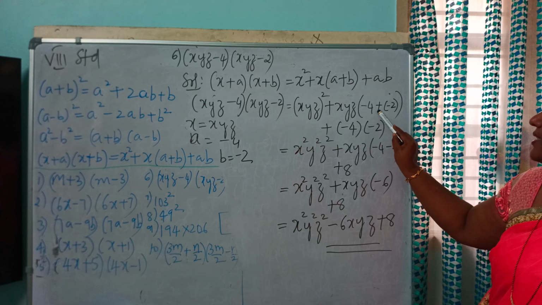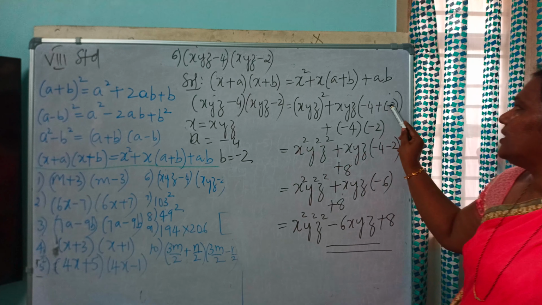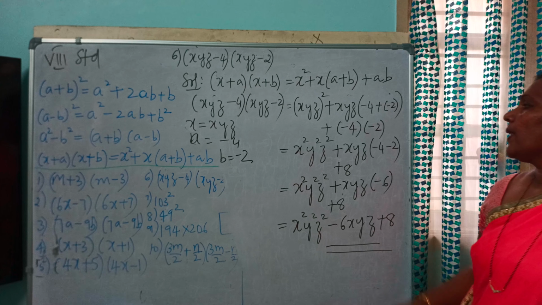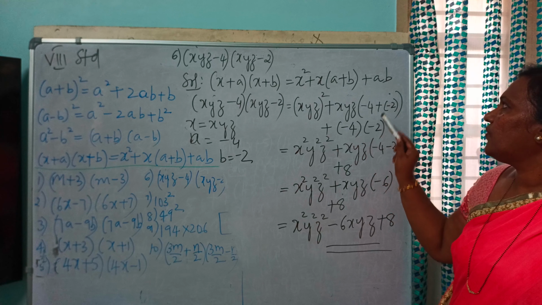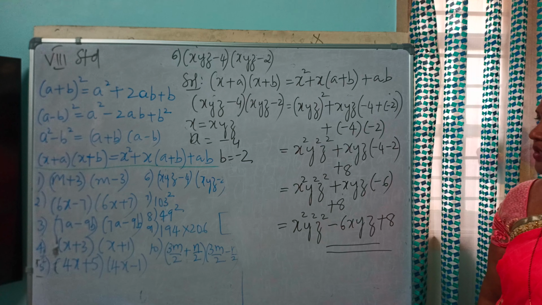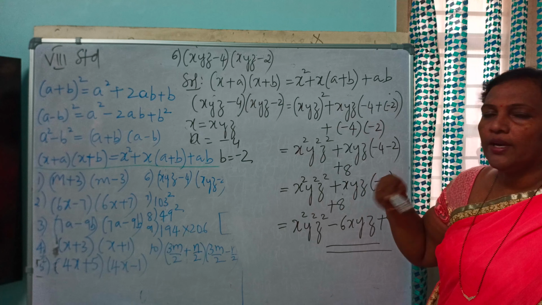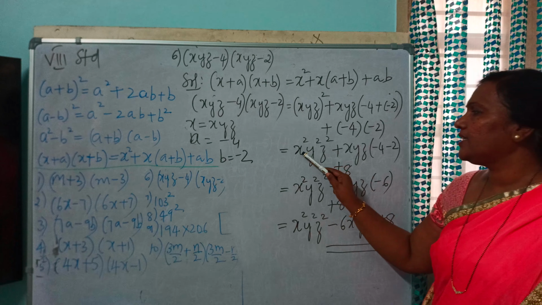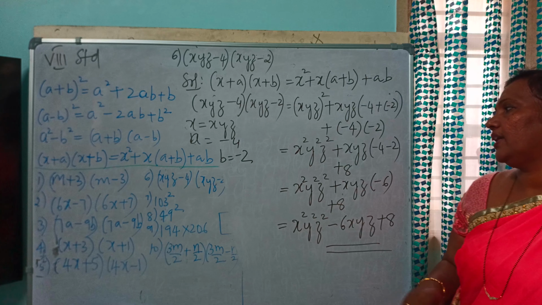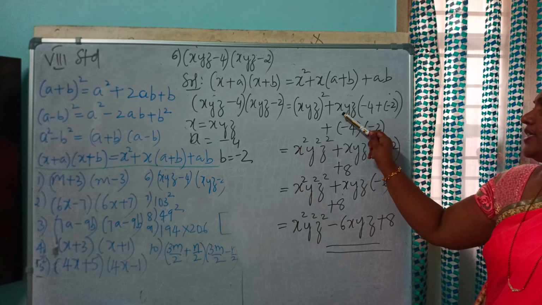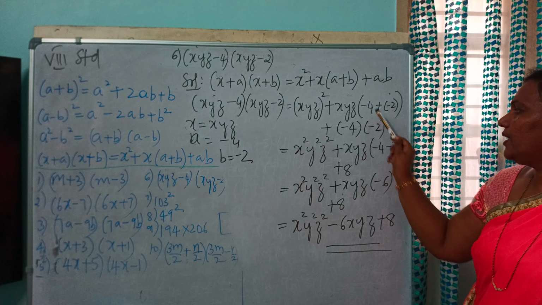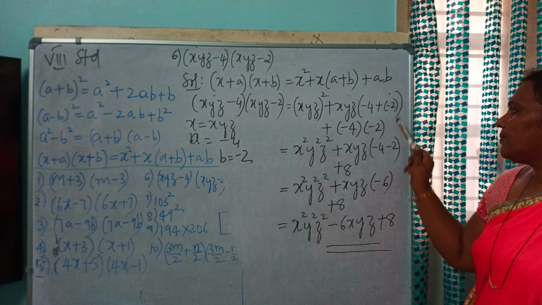It is plus. B what we have? Minus 2. Close the bracket. Plus A means minus 4 into B means it is minus 2. (xyz) whole square means if you multiply twice you will get x squared, y squared and z squared. Plus xyz, let me simplify, minus 4 plus minus 2.